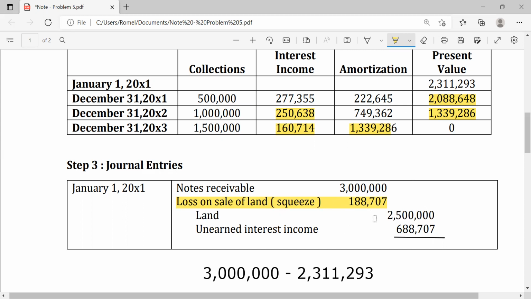Because you gave up 2,500,000. However, you only received a consideration of 2,311,293. Therefore, this is a loss on sale of land. So that is for the journal entry for January 1, 20X1.